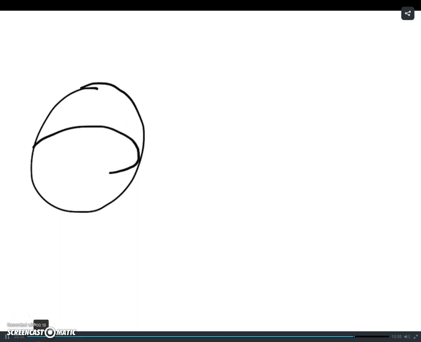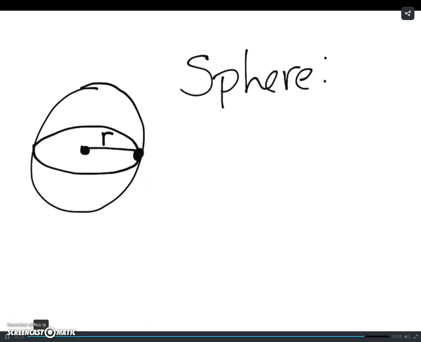The last thing we have is a sphere. A sphere is going to look like a ball if we're looking at it in real life. And in terms of measurements, it doesn't have a base. It just has a radius. That's the only thing that we have to label on a sphere.